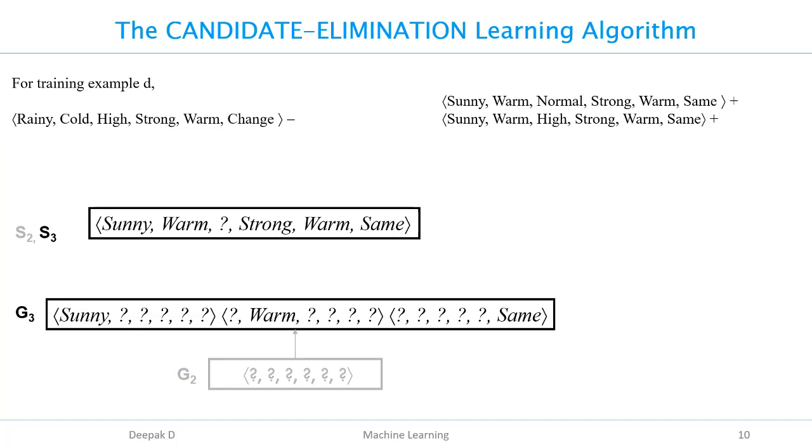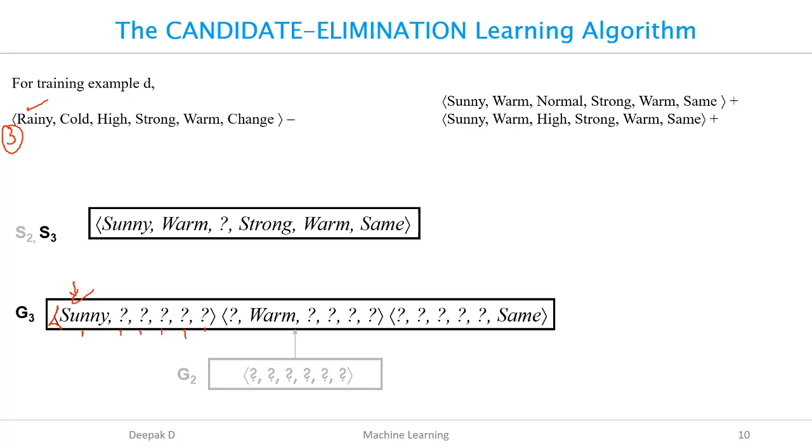In order to make the third instance a negative instance, one attribute is enough. So what is that? I have taken the first attribute, that is sunny, and I have kept all the remaining attributes with the same constraint, that is any value is acceptable. So you have sunny, and you also have rainy.